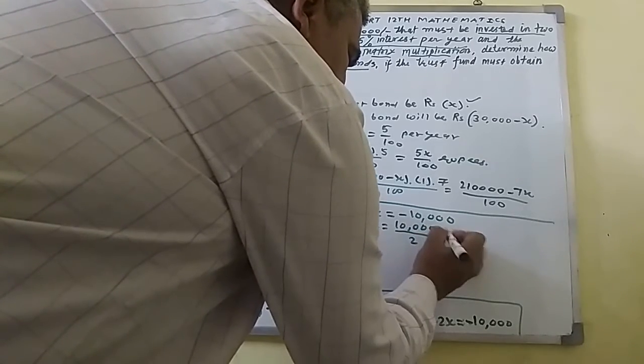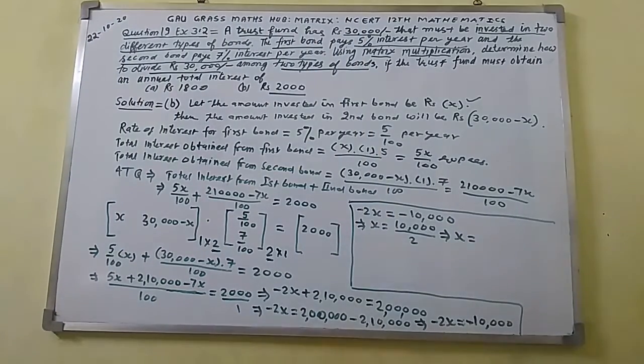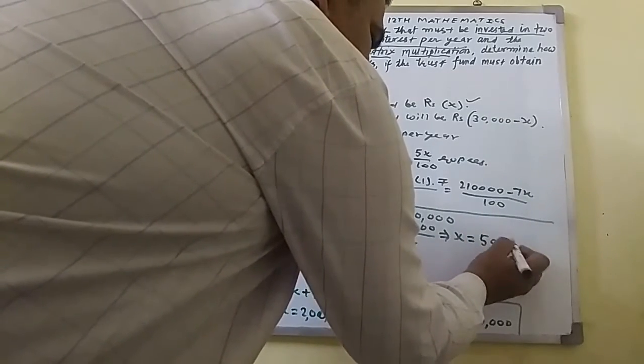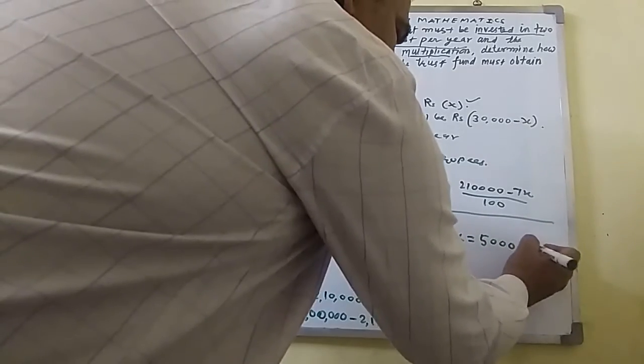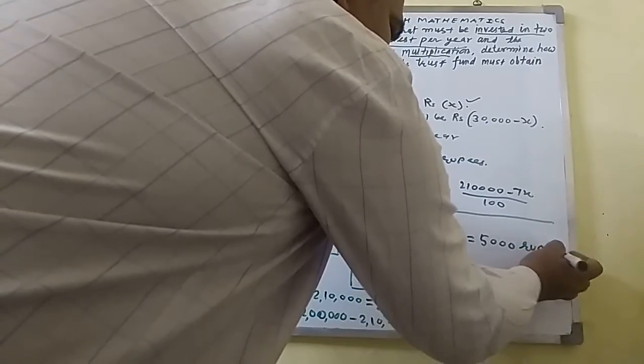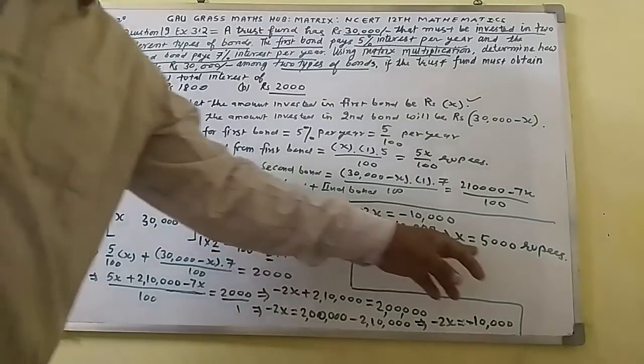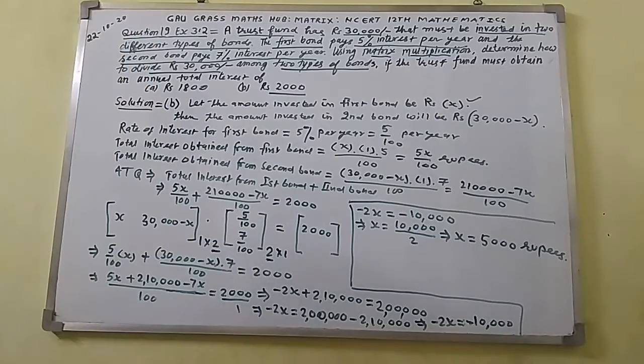You will get here that x equal to 5,000. So here we will get 5,000 rupees. The value of x you have got here is 5,000. This means that the amount invested in the first bond will be rupees x equal to 5,000.